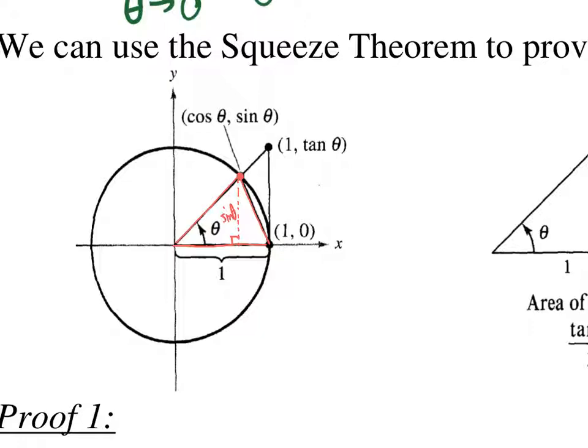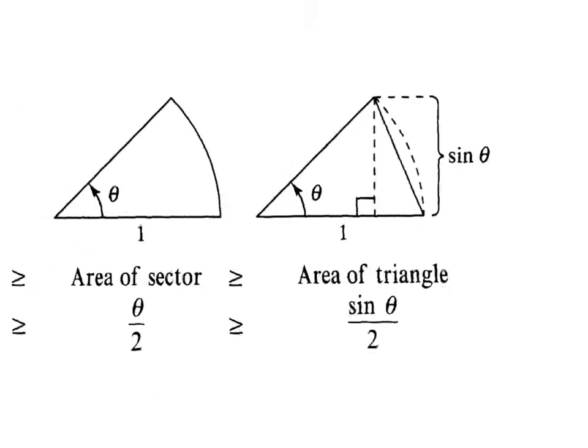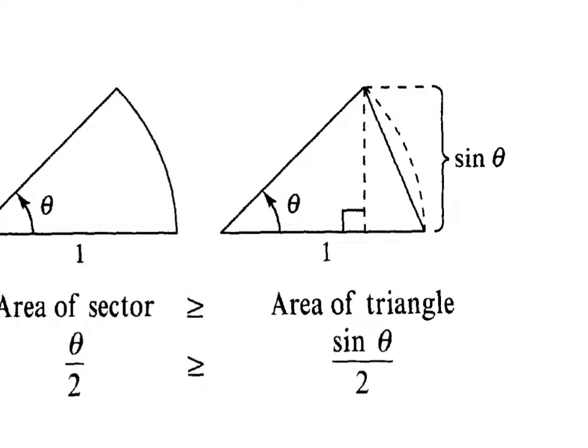So you can see over here, we've illustrated this like this. Here's that red one, just so we can make the connection color coding. So the area then, 1/2 base times height, it's 1/2 times the base 1 times the height sine of theta. And that's how they get sine of theta over 2.